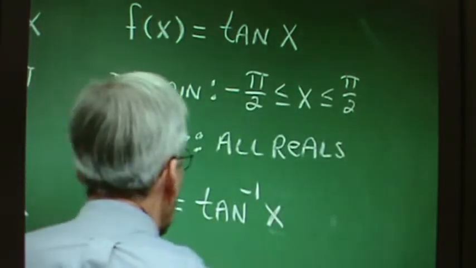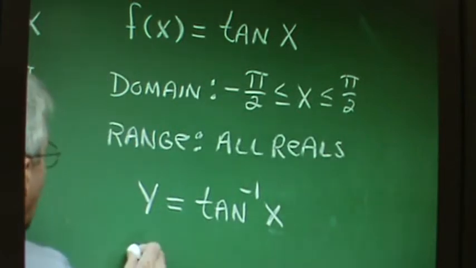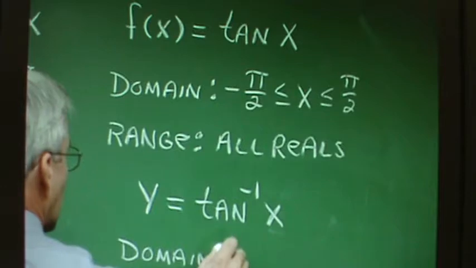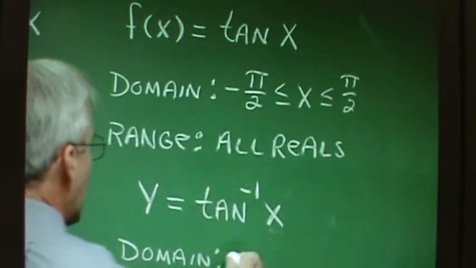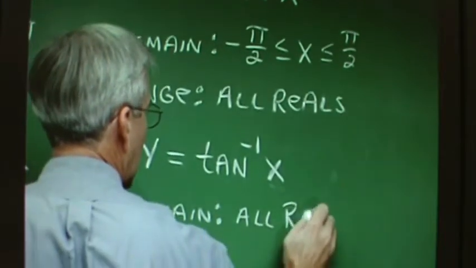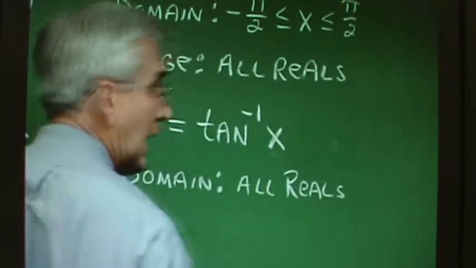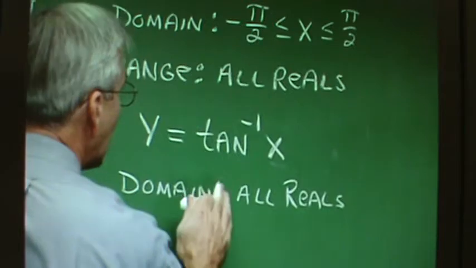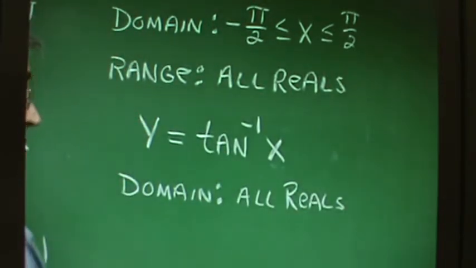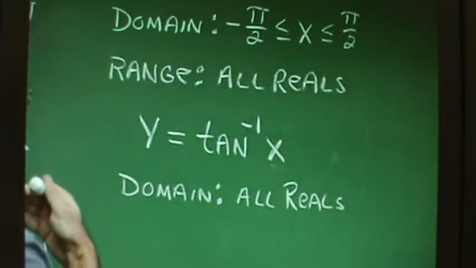All right, now, from a function standpoint, domain and range. Domain corresponds with the range up here, so the domain would be all real numbers. Now, what that means is that we can take the inverse tangent of any number that we put into the calculator, much unlike the sine and cosine idea.